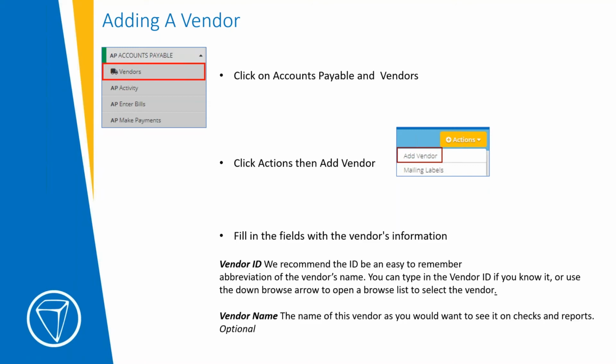The vendor ID, we usually recommend, like in all things, the alias and ID is the abbreviation of the vendor's name, or you can come up with a numbering system. And then the vendor's name is the way that you want it to print on checks and reports. So make sure that the vendor name is as it should be on checks that are cut to the vendor or reports that you want to see.